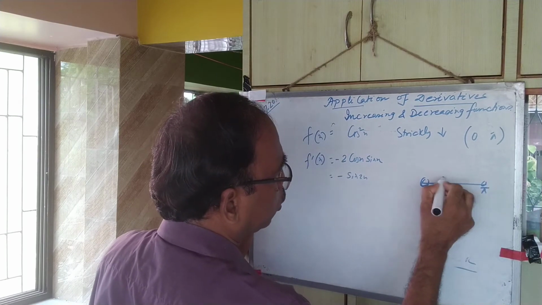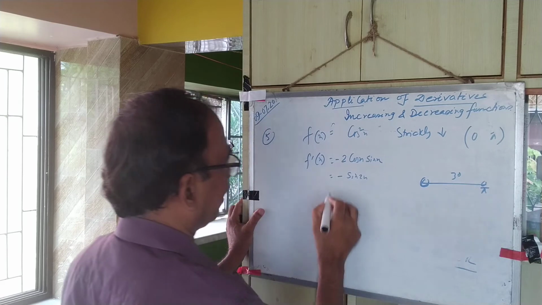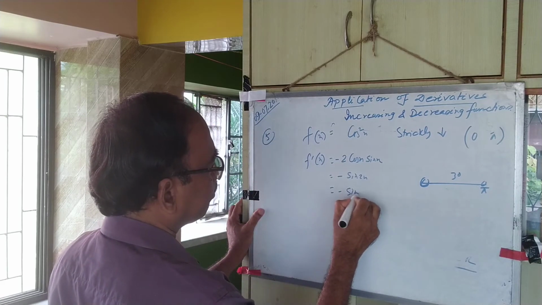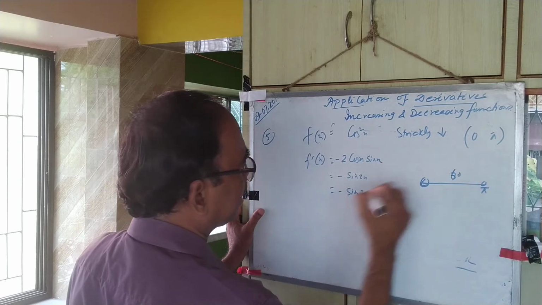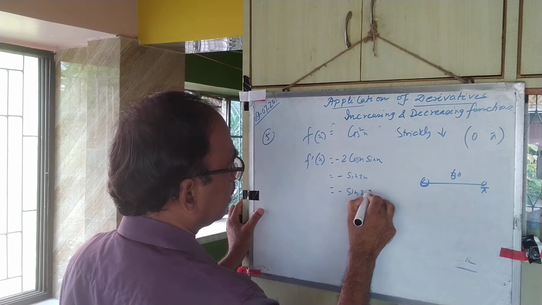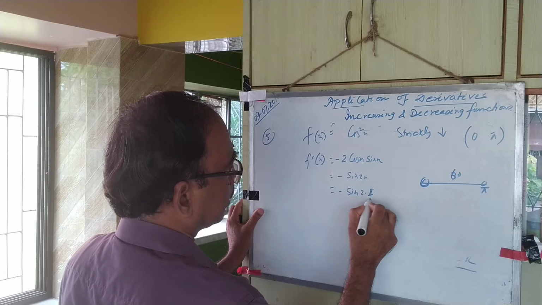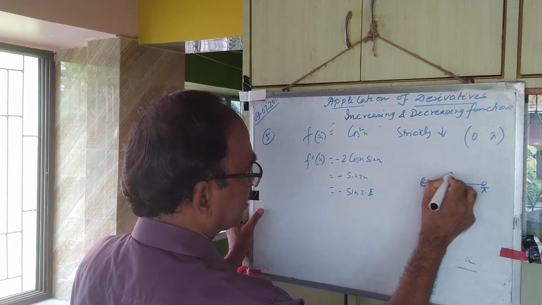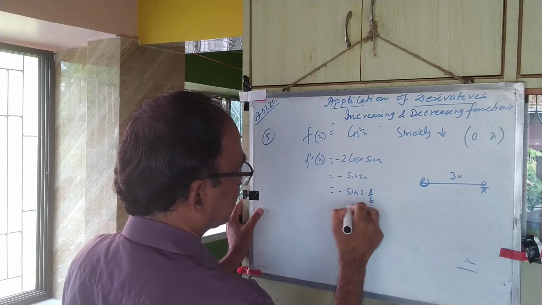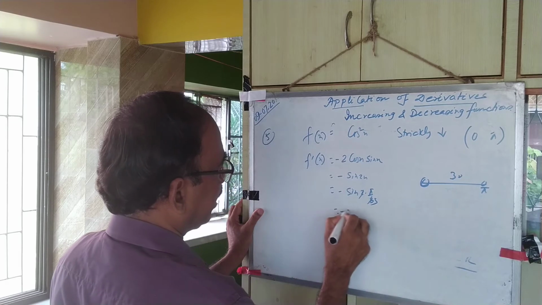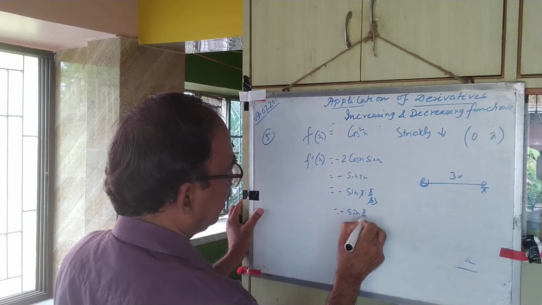Within this interval 0 to pi, suppose 30 degrees, then minus sin 60 degrees, that is 2 into pi by 6, which is pi by 3.